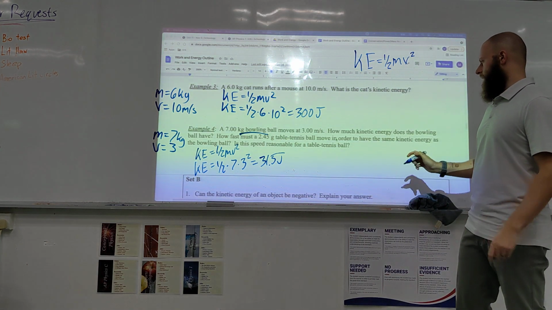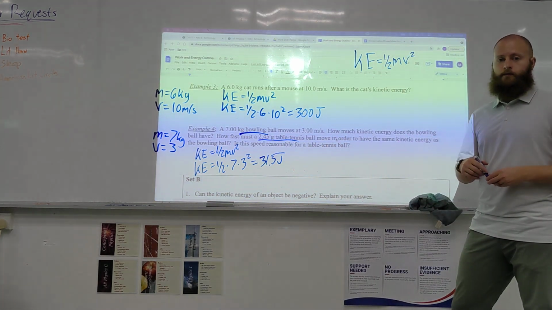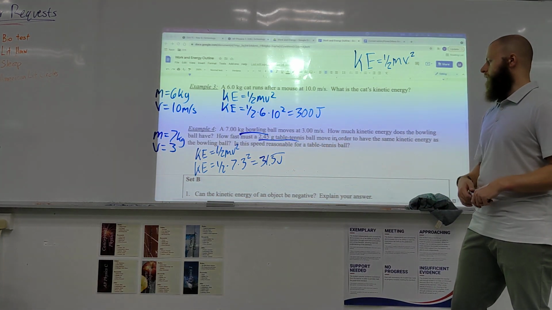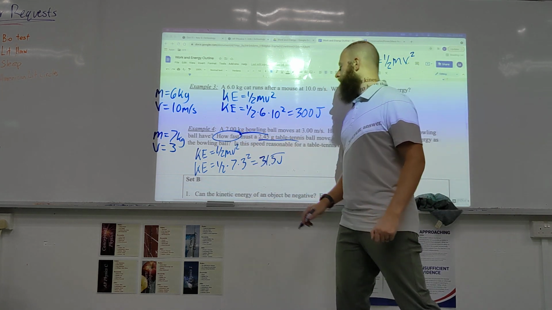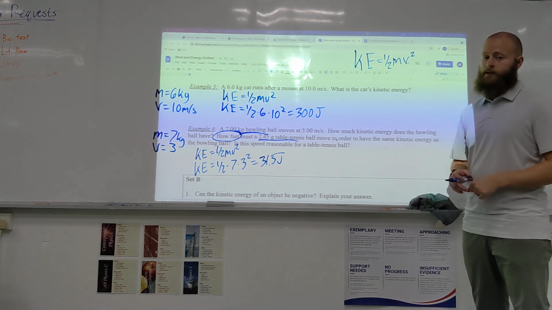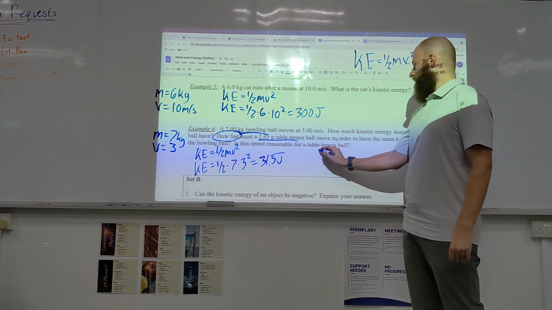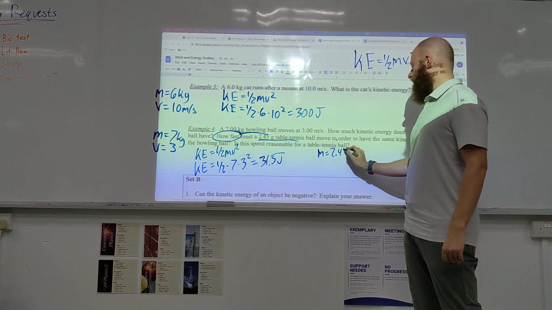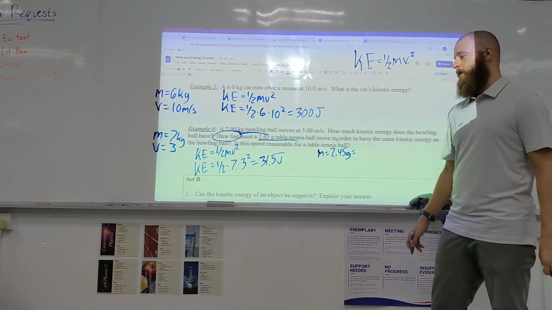So now let's look at the second half. So this is about the table tennis ball. In this one, what are we solving for? What does it ask about the table tennis ball? How fast? So in this part, we're actually looking for velocity instead of KE. So let's go ahead and write down our variables. So m equals 2.45, but this is grams. So we need to figure out how many kg that is.